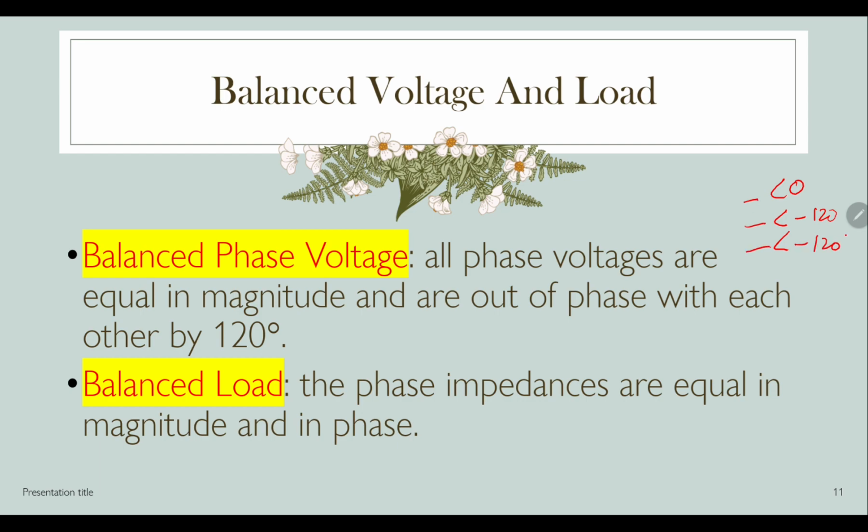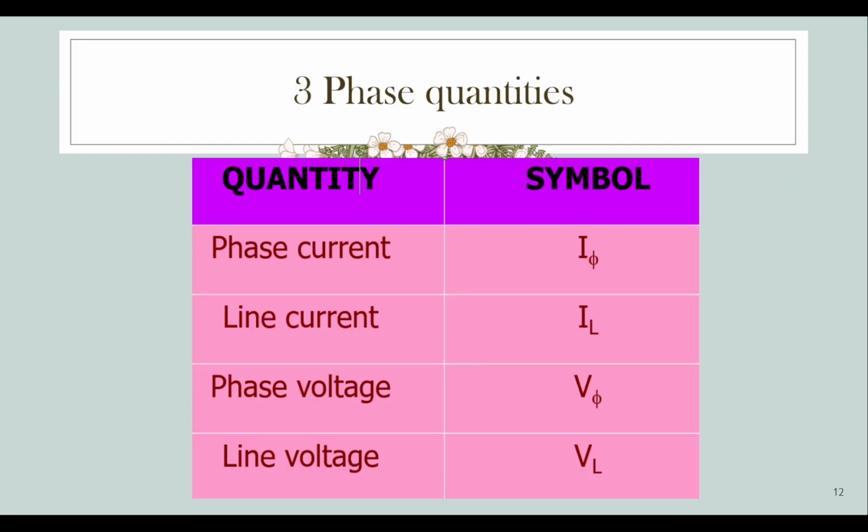But the magnitude is the same. For the balanced load, the phase impedances are equal in magnitude and in phase. So these are the phase quantities that you have to know, where you will need to measure the phase current, line current, phase voltage, line voltage.